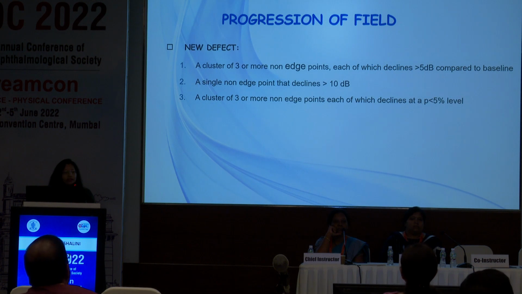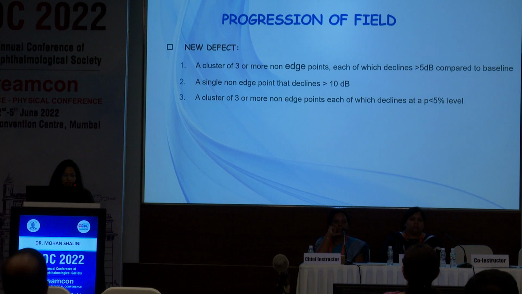Now, whenever there is appearance of a new defect, it is important to apply these parameters to assess the progression. Whenever there is a cluster of 3 or more non-edge points, each of which declines by more than 5 decibels from the baseline, this is an important criterion to assess progression.